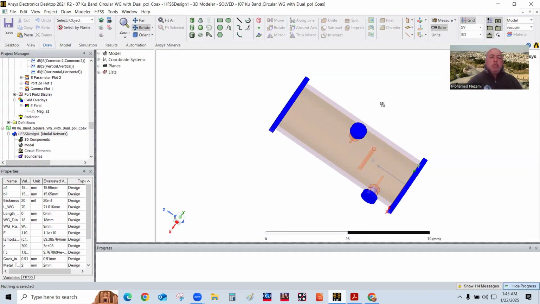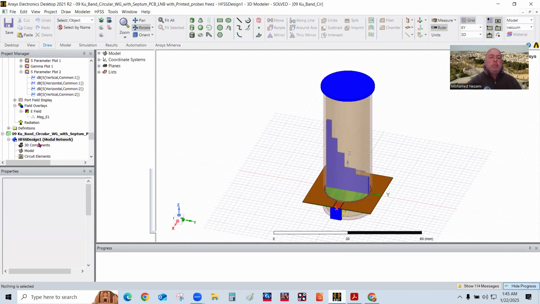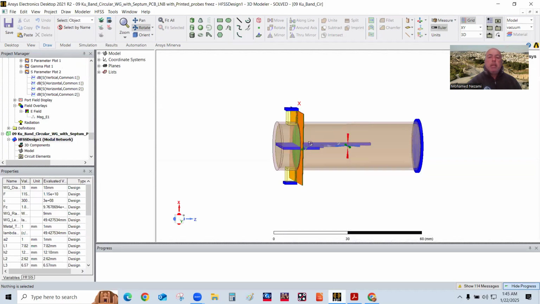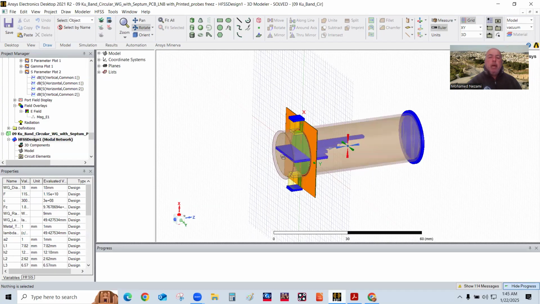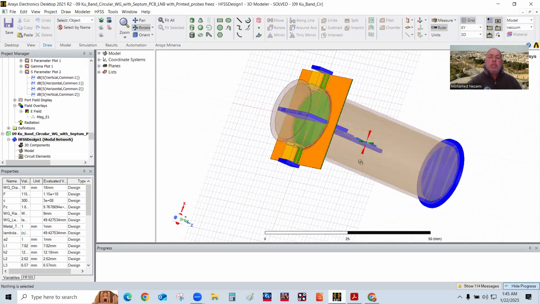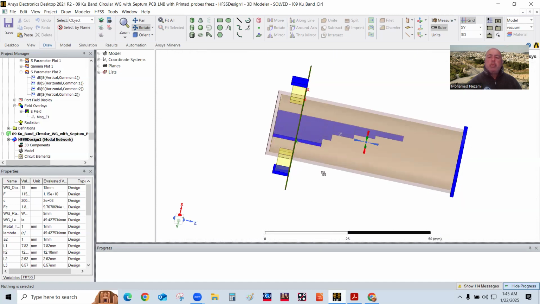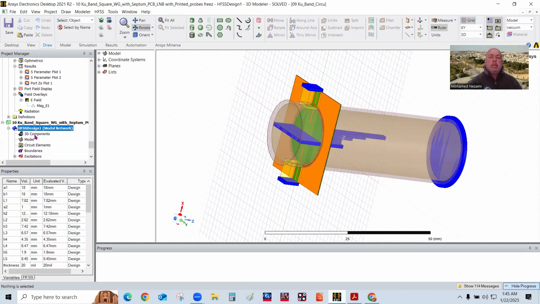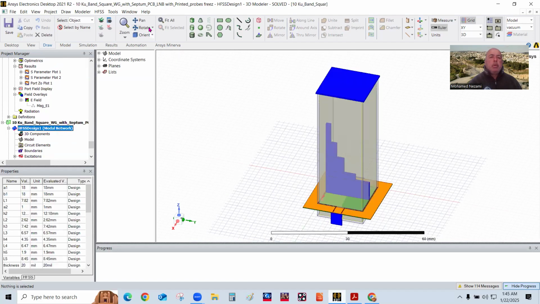We're going to go through these designs in every part. And then finally, to look at how you interface a printed circuit board, like it is in this case, to a circular waveguide with a septum. We're going to go through this for both the circular and the rectangular one as well.